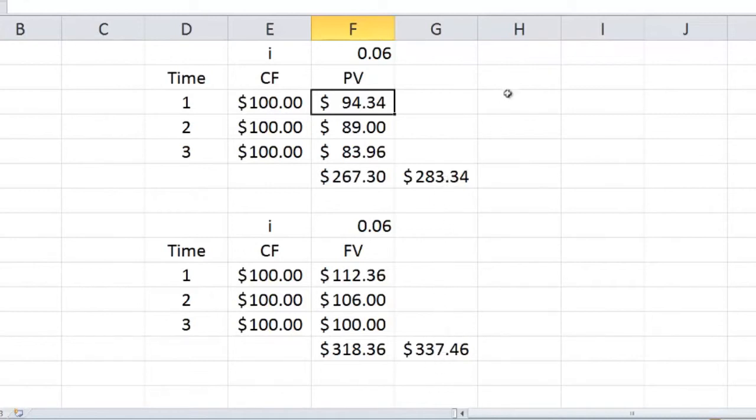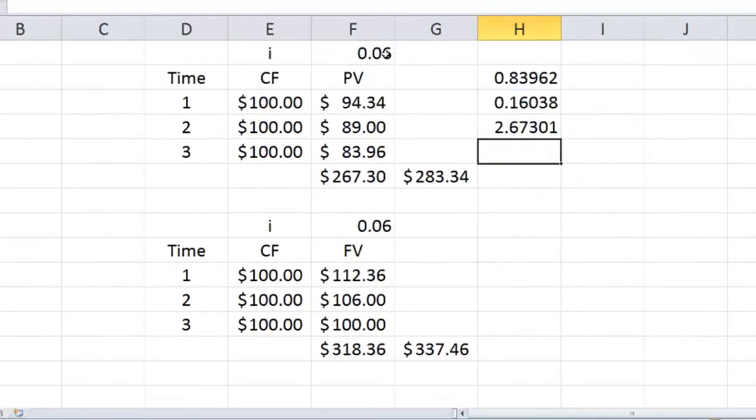If these are annuity dues, let's go ahead and use our annuity formulas to calculate these. So step by step, we have 1 divided by 1 plus the rate to the third. Take 1 and subtract that from it.